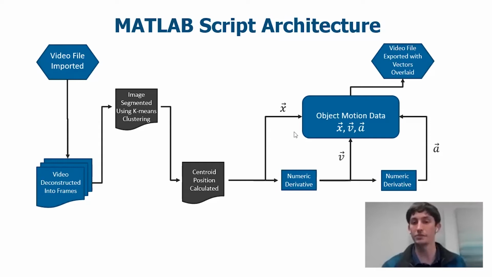And that gives us our object motion data. And then something that the visual measurement system can do to help speed up analysis is we can actually export a video file with those velocity vectors overlaid and the location of each centroid. So that makes it really easy to identify what's going on in our assembly.